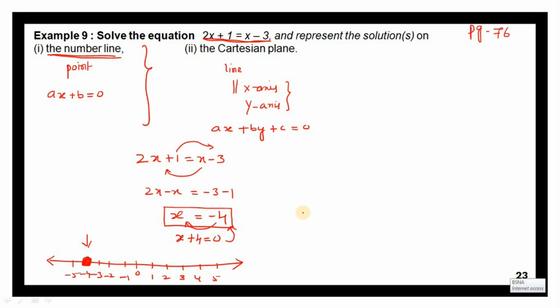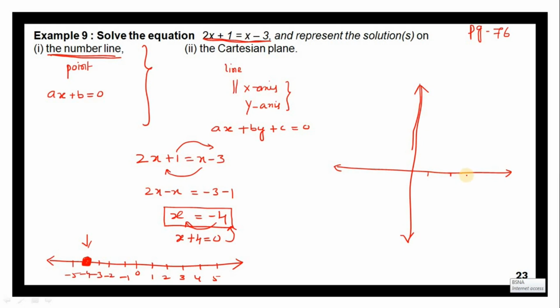Now come back to the second part. We have to take a Cartesian plane. You know what a Cartesian plane is. You have to take the x-axis as well as the y-axis. It's a rough diagram of mine. Take numbers on the x-axis: 1, 2, 3, 4.